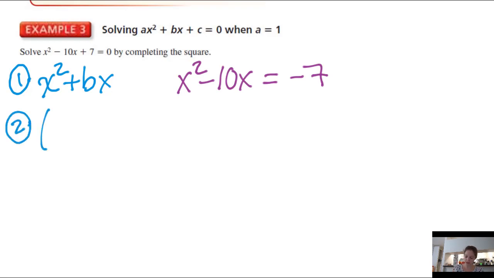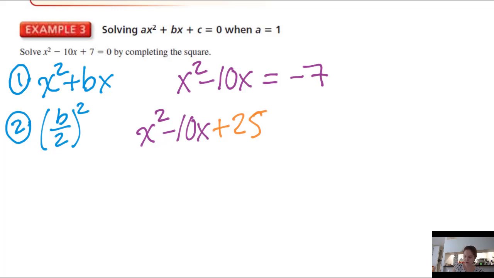Now we are going to add the b over 2 squared value to both sides. That is half of negative 10, which is negative 5 squared. So that's plus 25. x squared minus 10x plus 25 equals negative 7 plus 25. In order to keep the equation balanced, what we do to one side, we must do to the other.